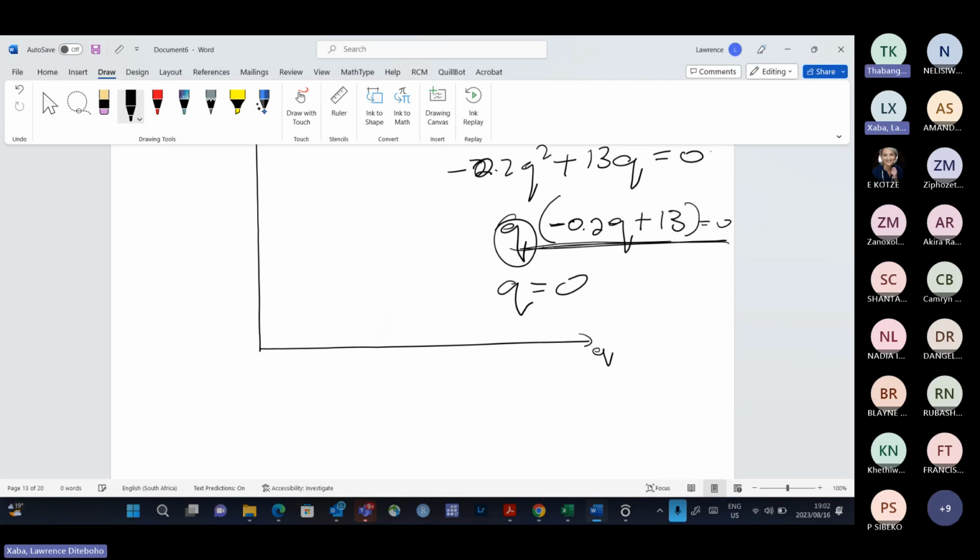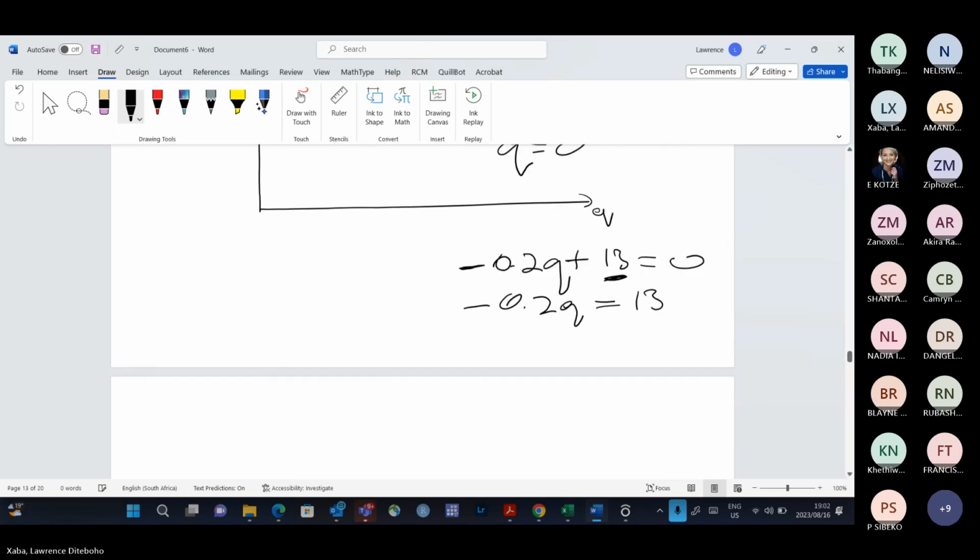Now we are left with negative 0.2q plus 13 equals 0. We're interested in another value of q, so we take this 13 to the right-hand side: negative 0.2q equals negative 13.